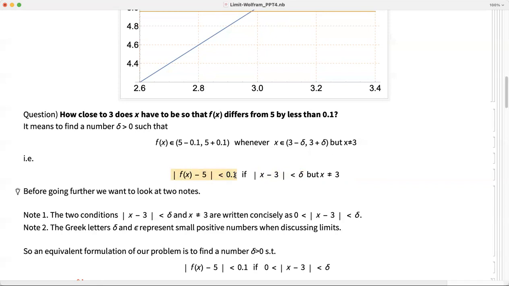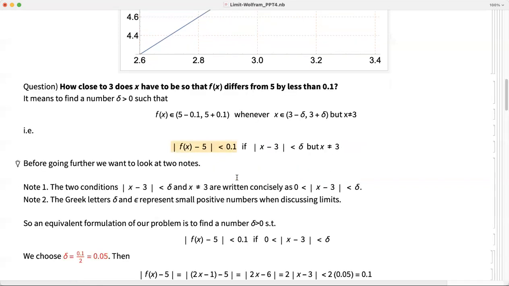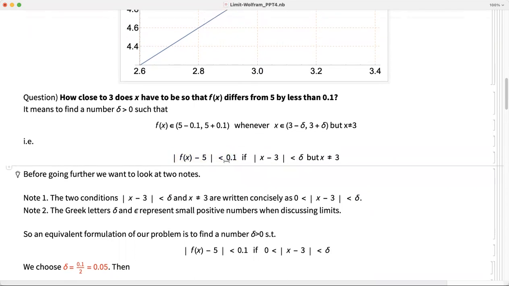Finally, we want to get an algebraic expression for delta in terms of epsilon. That's what we're going to do next. Let's see the next video.